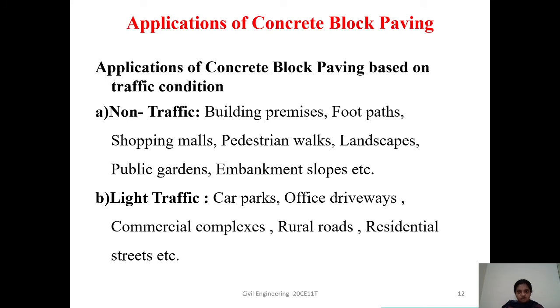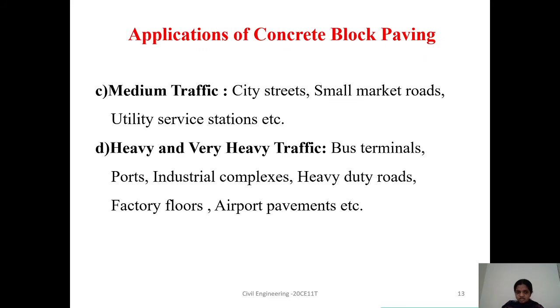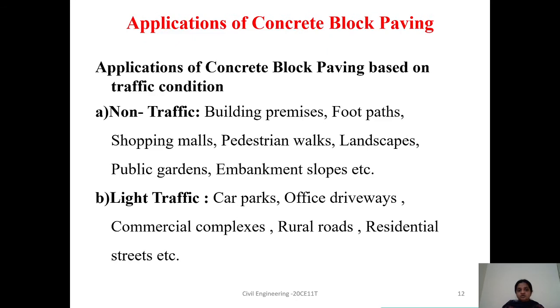Coming to application of concrete block paving. Application of concrete block paving based on traffic condition. So the different traffic conditions are non-traffic condition, light traffic, medium traffic, and heavy and very heavy traffic. So non-traffic. Building premises, footpaths, shopping malls, pedestrian walks, landscapes, public garden, embankment slopes in roadways as well as in dams, the concrete paving blocks are used.